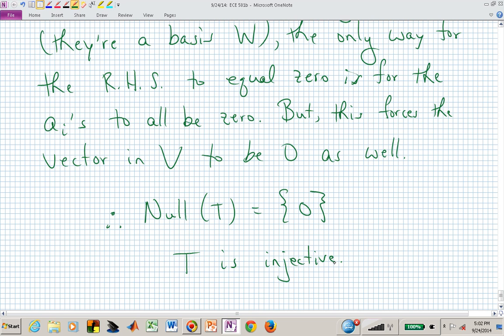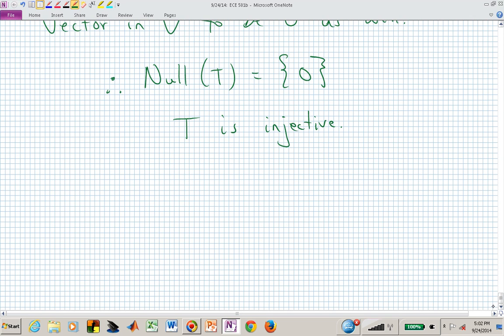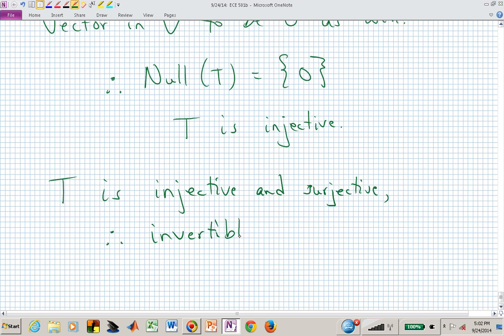So T is now injective. We started with the dimensions being equal, and we concluded that that led to T being surjective. It also said that T is injective. So T is injective and surjective, which now says it's invertible.